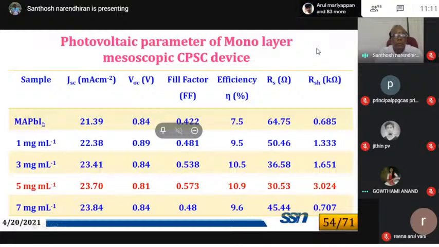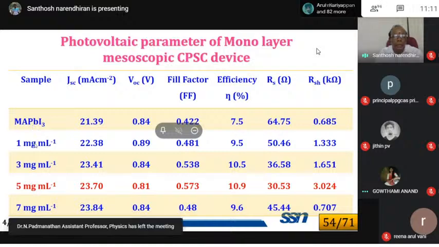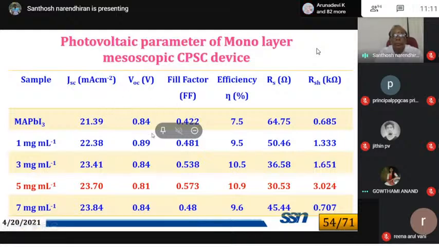So, this is the pure material, and then this is the additive used, and the various parameters, the JSC, VOC, fill factor, efficiency are calculated, and the sheet resistance and the series resistance value.